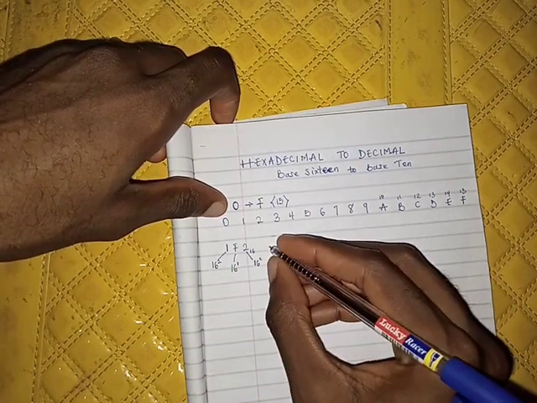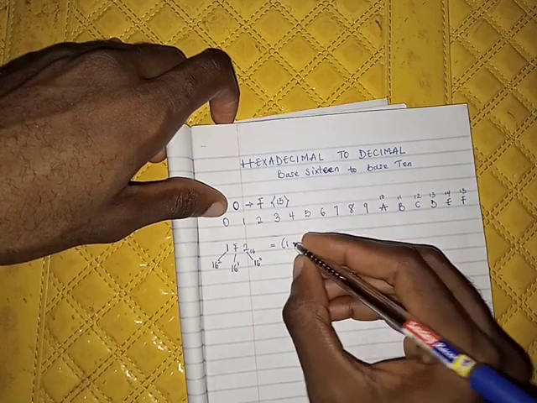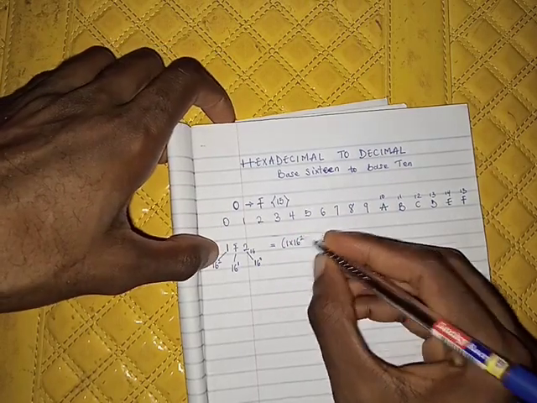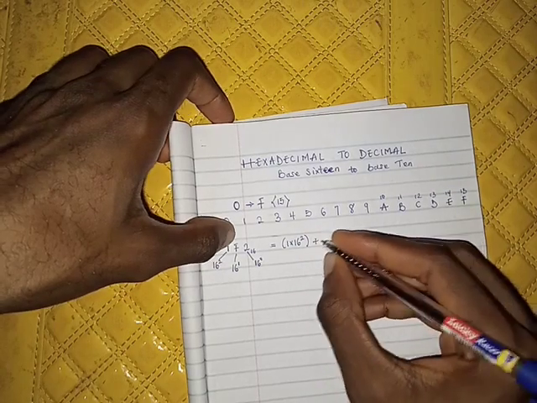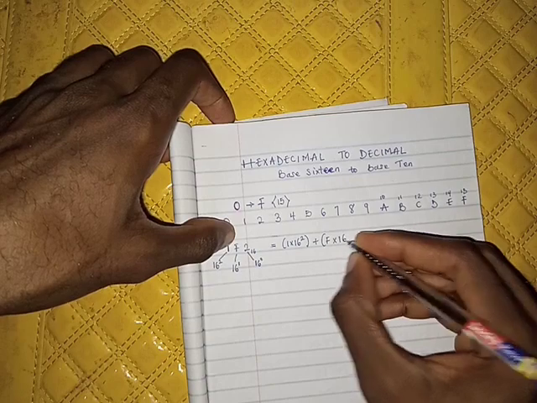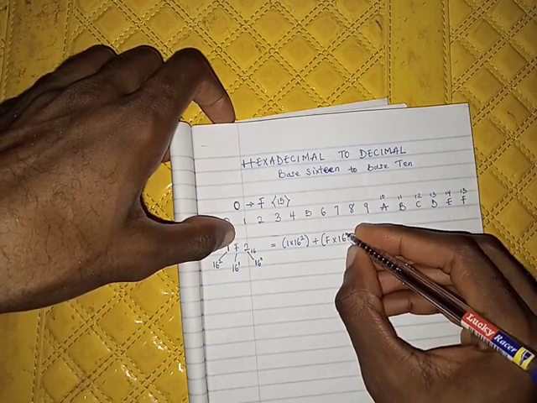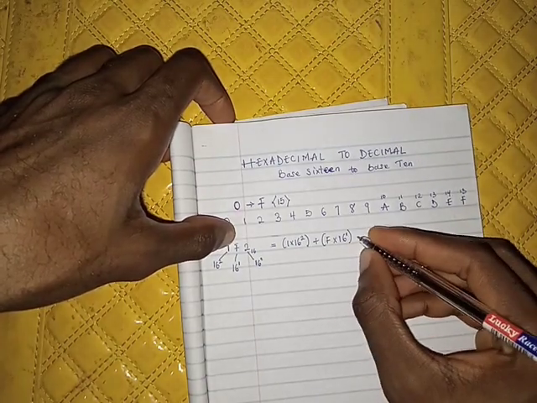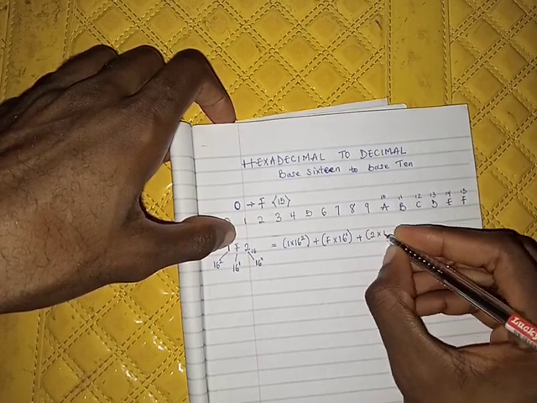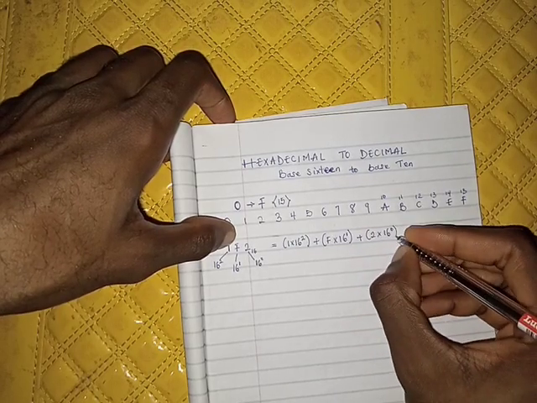So that will be equal to 1 times 16 raised to power 2, plus F times 16 raised to power 1, plus 2 times 16 raised to power 0.